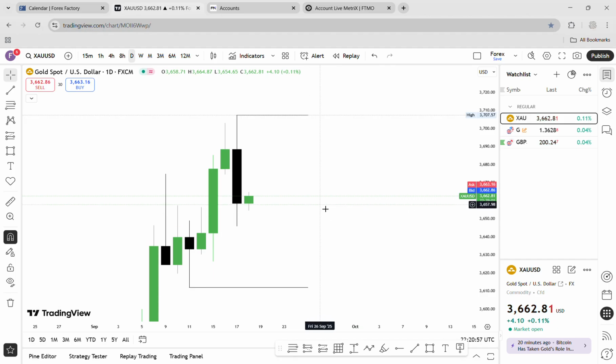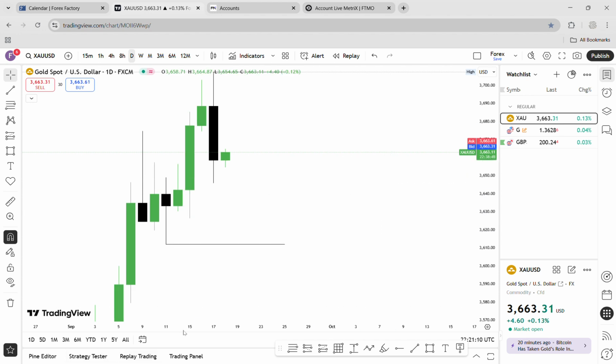So now looking at this, I always have in mind that when we have a swing structure, just a structure, because basically this is a structure. Let me put this one here. And this is a break of structure.